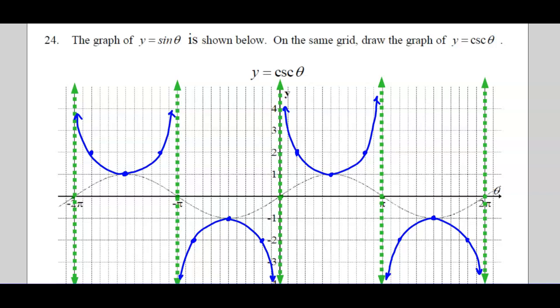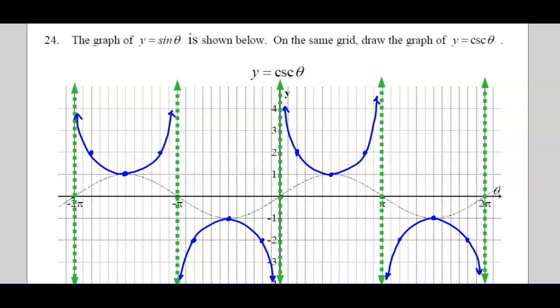But it's just the same as its original function. The original x-intercepts for sine were multiples of pi. Now, those are the asymptotes, because those were the theta-intercepts to start. So that's something to remember.